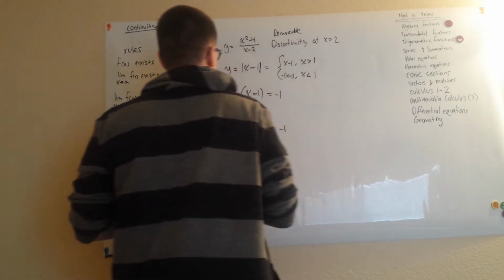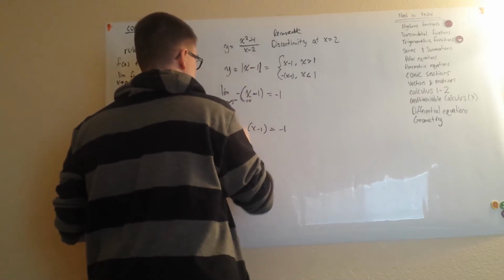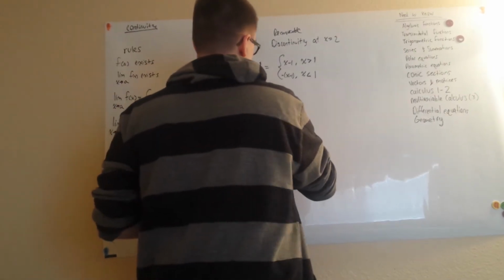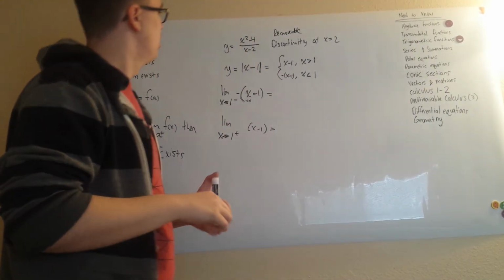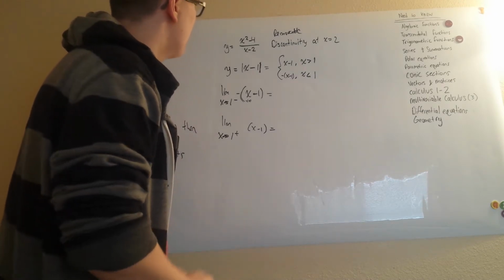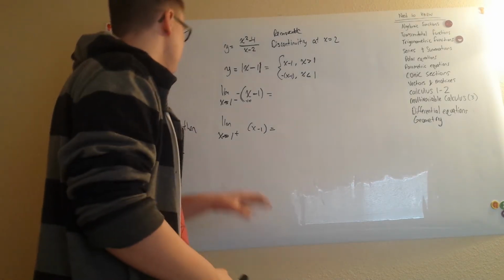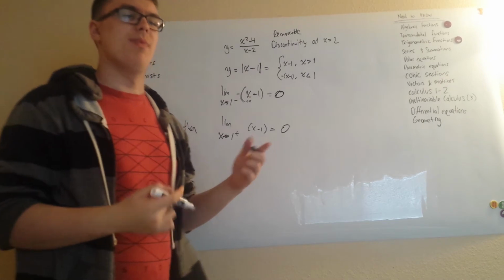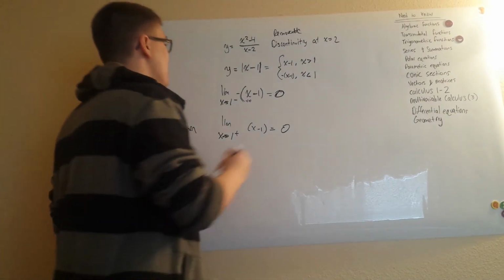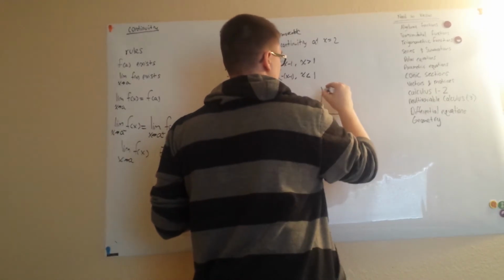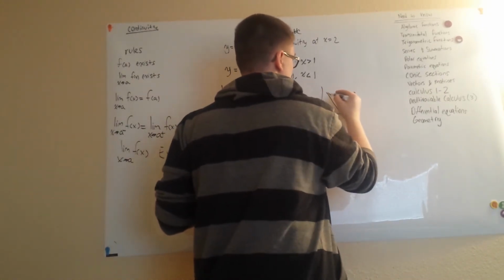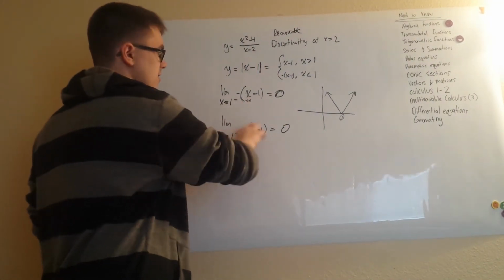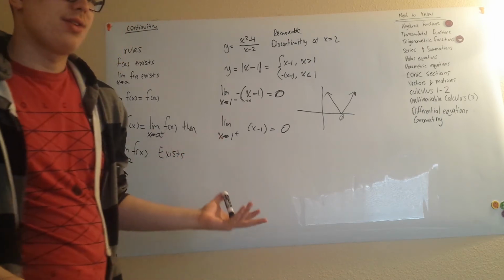The function changes definition at 1. Cut everything that's before the function changes definition at 1. So plug in 1 here, you get 0. Plug in 1 here, you still get 0. They're the same. It's much faster. I'm sorry. This graph looks like this. It's continuous. So because these two limits exist, that means the limit exists, that means it's continuous everywhere. So there's no discontinuity.